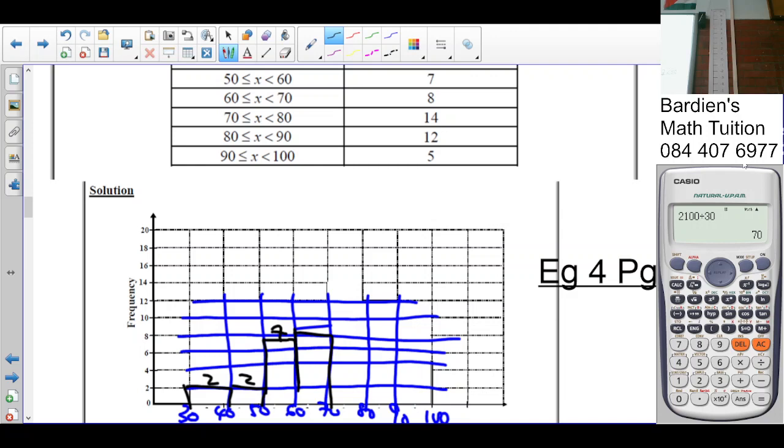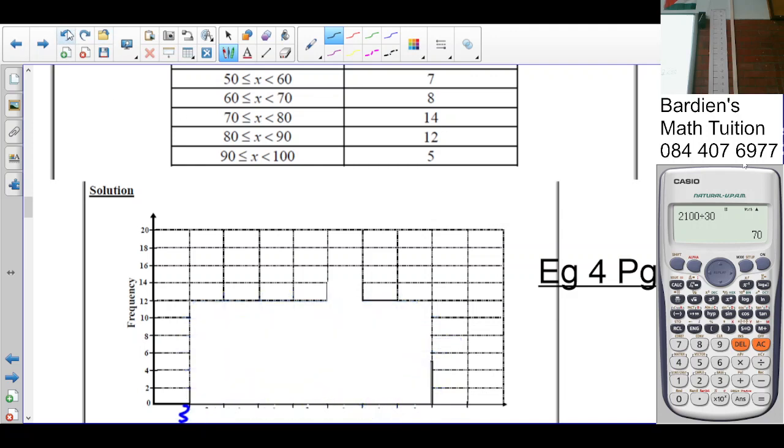I think I'm going to take this off here. Color is making it look ugly, or busy. So the first category is 2, then 2, then 7, then 7, then 8, so it's on this line here. Then 14, which is here, not so?